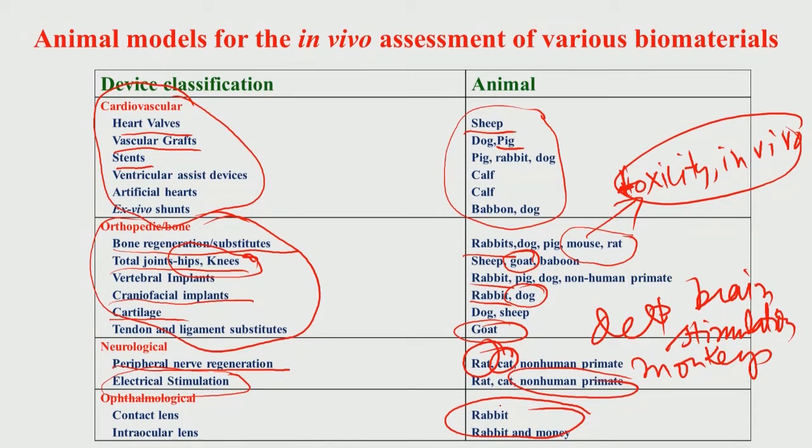And for orthopedic or bone regeneration mostly the rabbit, and in higher level animals, dog and goat models are also used for orthopedic applications. Neurological, it is again rat model, and non-human primates like monkeys are used. For ophthalmological applications like eye related applications, the contact lens and so on, you can use the rabbit model.